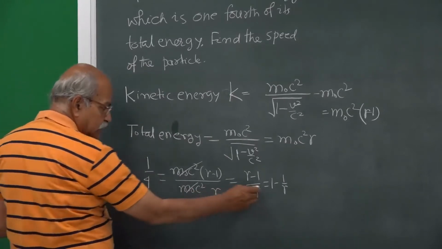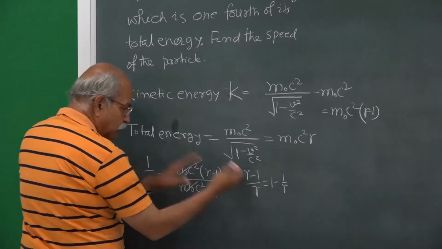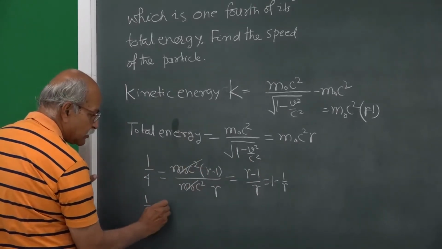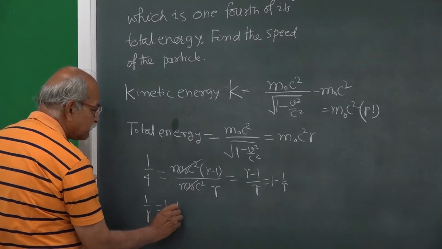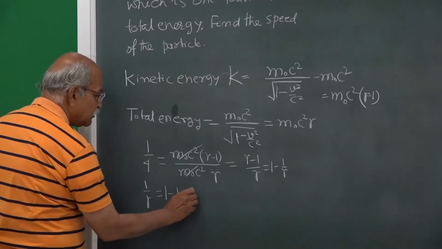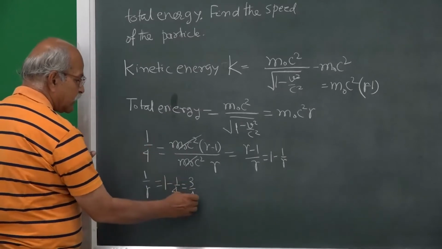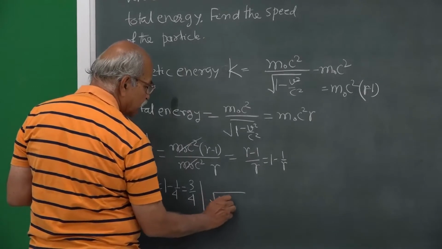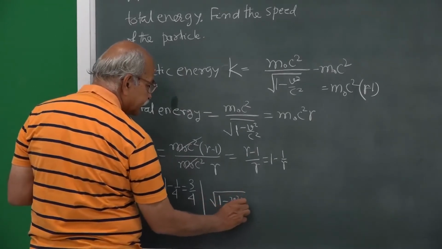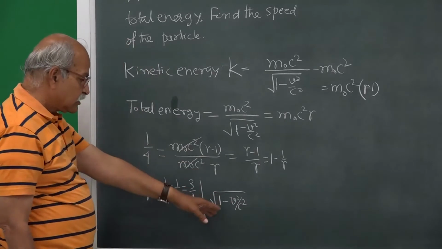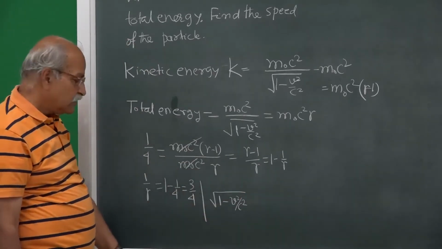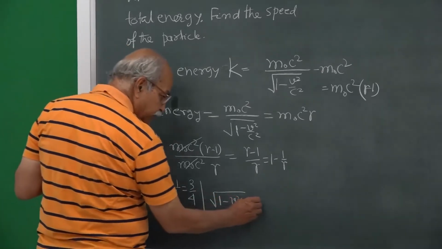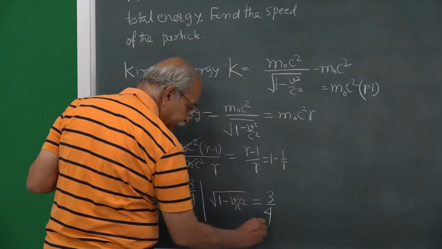So, you can take this 1/4 on that side, 1 by gamma on this side. 1 by gamma is equal to 1 minus 1/4, that is 3/4, and 1 by gamma, you know what it is? It is square root of 1 minus v square by c square, because gamma is 1 by square root 1 minus v square by c square. So, this is equal to 3/4.